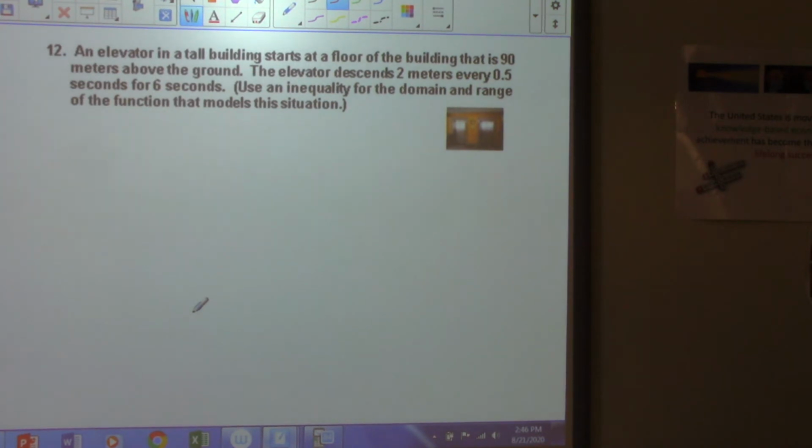Okay, what would you think on this one here? How did you look at this one? What was your strategy? Well, it would descend 4 meters in 1 second. So Marcus says descending 4 meters every second, is that right?